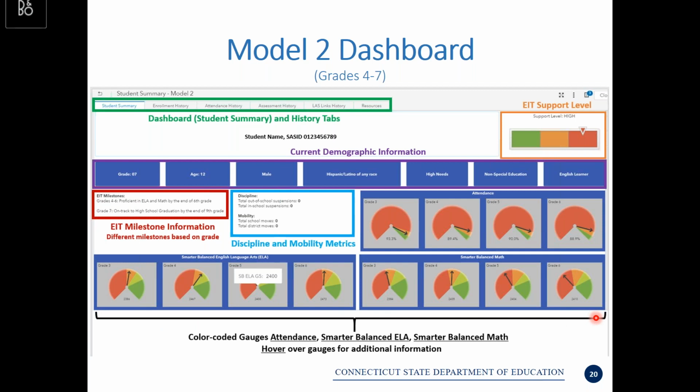These are color-coded by performance levels and also have hovers showing the actual data. In the blue text box, discipline events and mobility. The orange box in the upper right, the support level based on these data. And the green box to the left shows a dive into the historical record for the student.